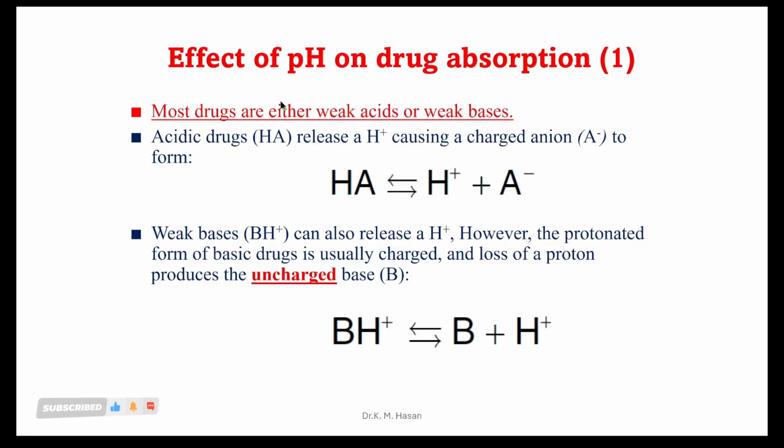Okay, regarding the effect of pH on drug absorption, most drugs are either weak acids or weak bases. The acidic drug HA, you can see here, is uncharged. When the acidic drug's uncharged form releases a proton H plus, it becomes a charged anion, A minus. The same applies, for example, to a weak base, where B stands for basic and H for the proton.